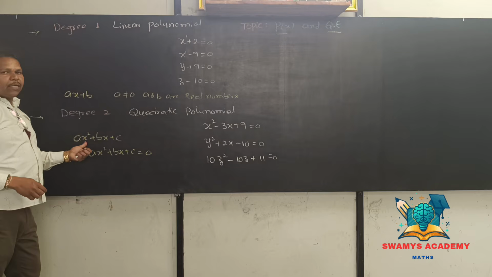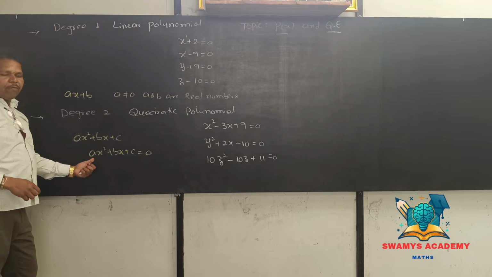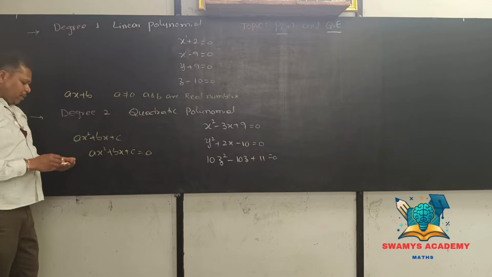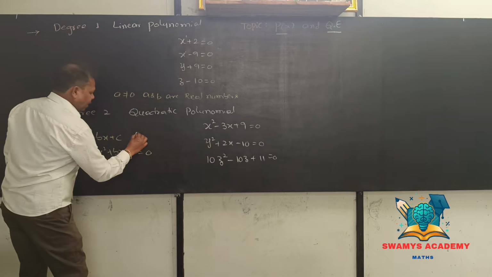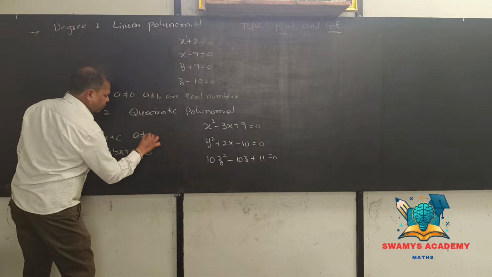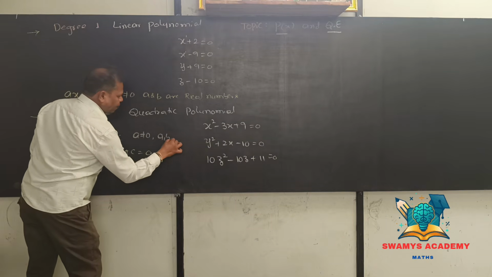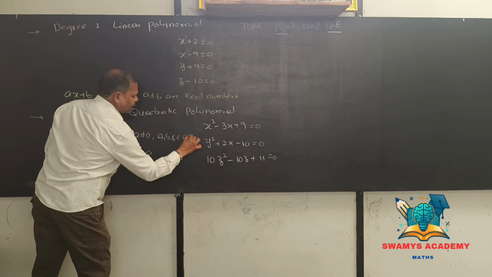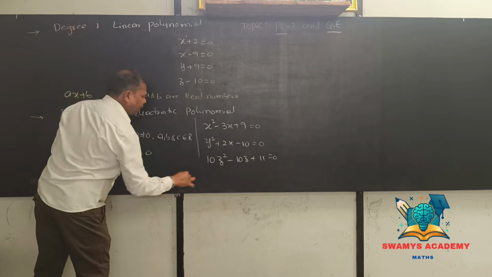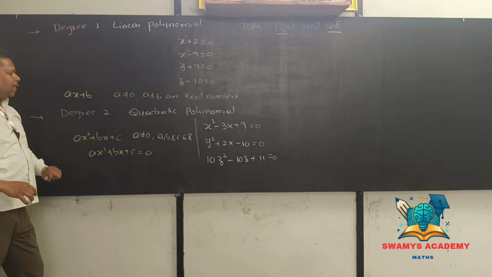This is called a quadratic polynomial, and this is called a quadratic polynomial equation. In this case, a is not equal to 0, and a, b, c belong to real numbers.